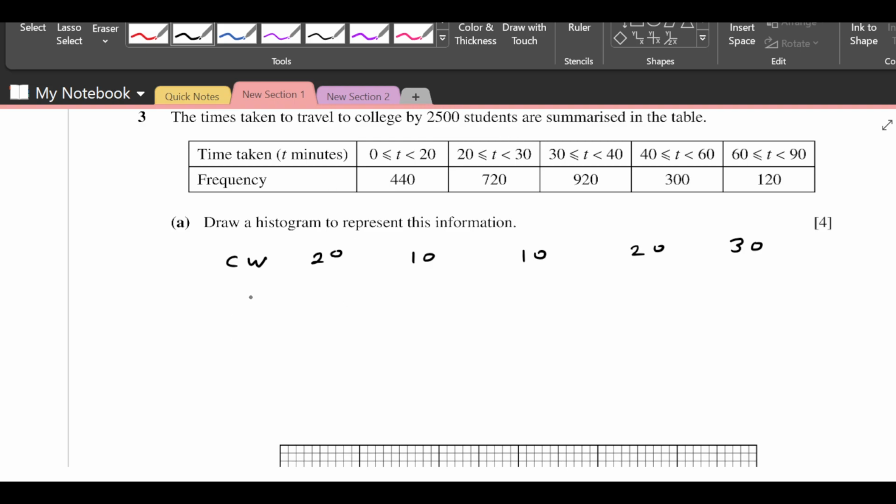So here frequency density, if you see, 440 divided by 20 is what?